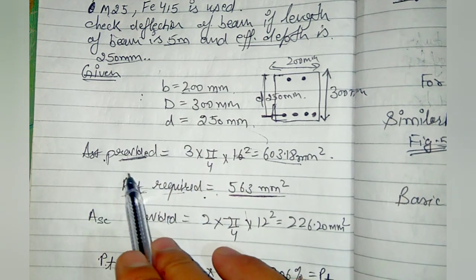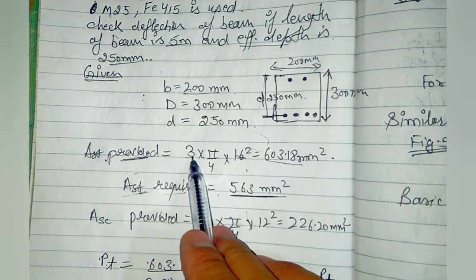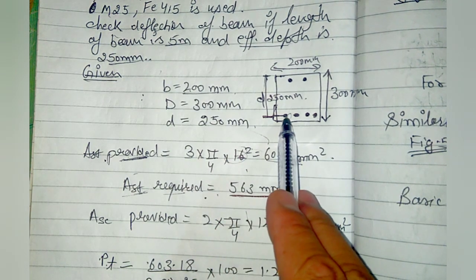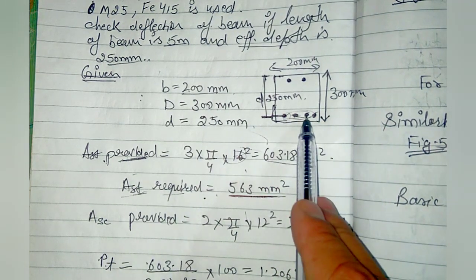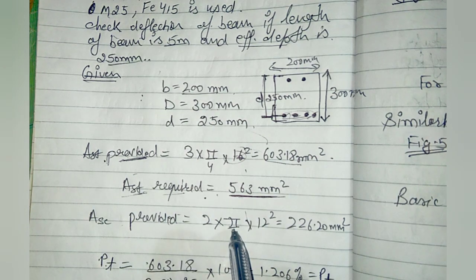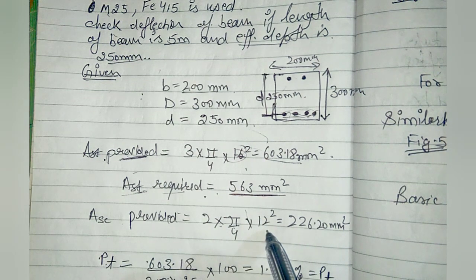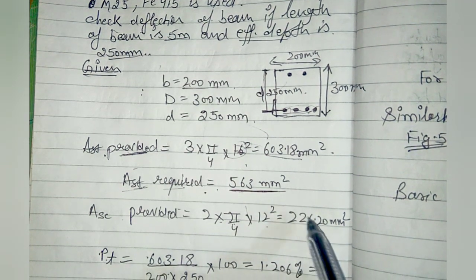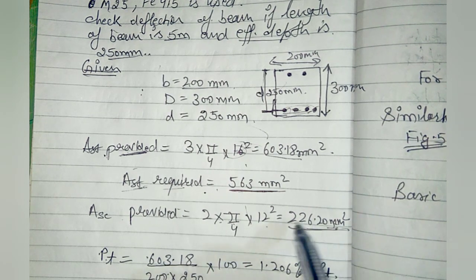This is the tensile steel we are talking about here. We have provided three tensile bars of 16 mm diameter. Now Asc provided: we have provided compression bars, two bars of 12 mm diameter. We'll calculate the area of steel in compression, that is coming out to be 226.20 mm square.